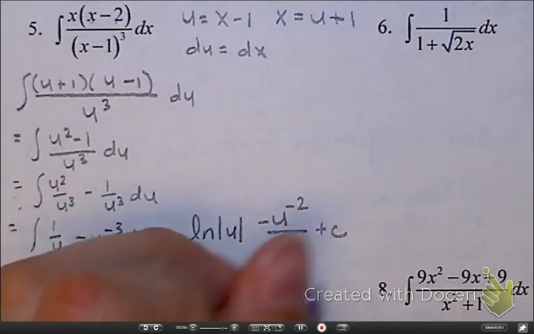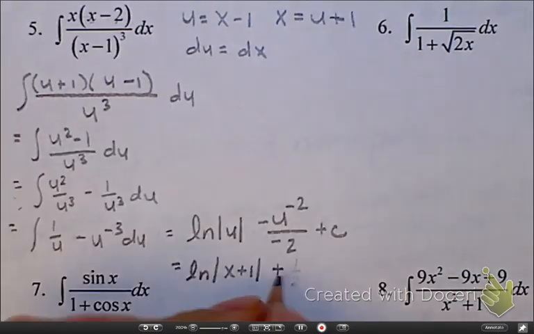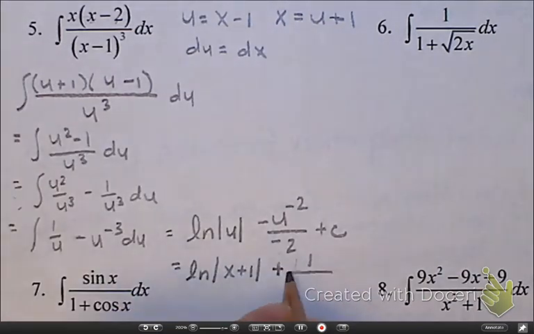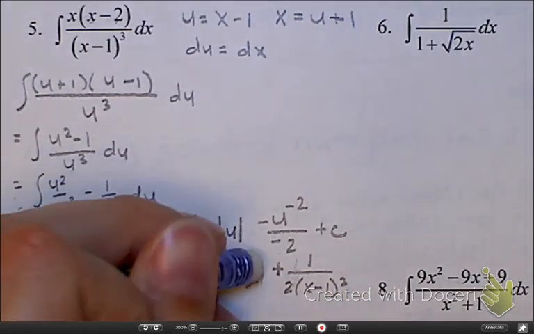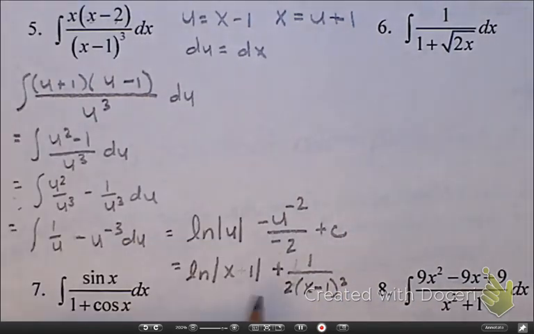Well, I guess I could write this in the bottom since it's u to the negative 2. Plus 1 over 2 times u squared, so x minus 1 squared. Is that a minus then? My bad, this should be a minus here too. So ln of x minus 1 plus 1 over 2 times x minus 1 squared plus c.